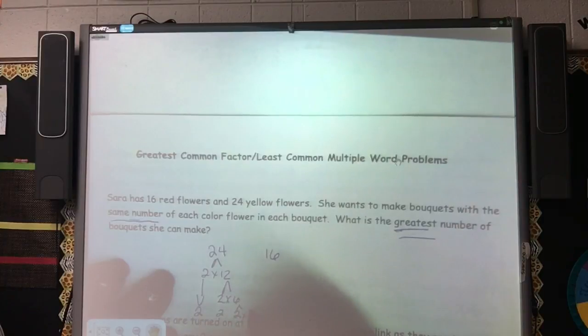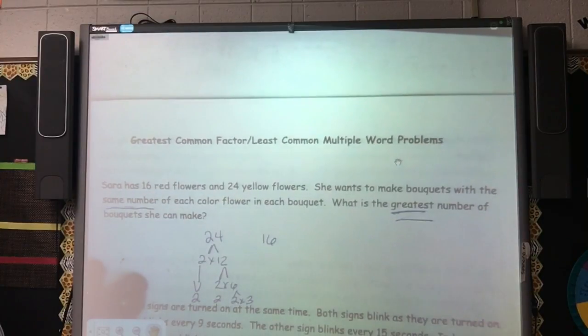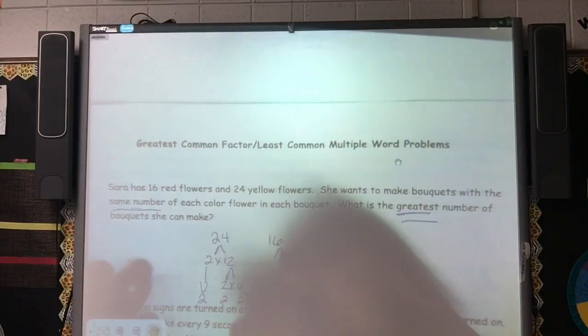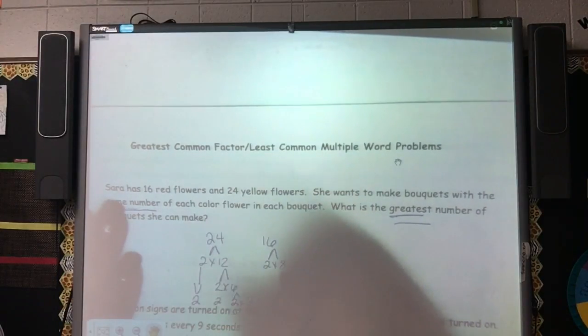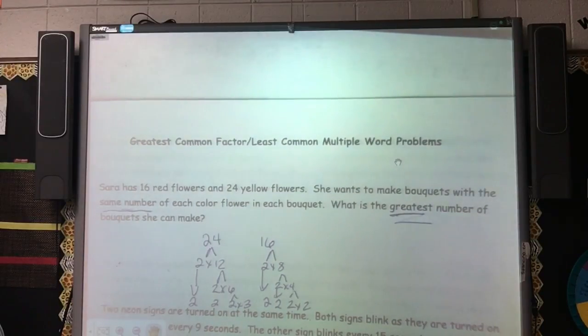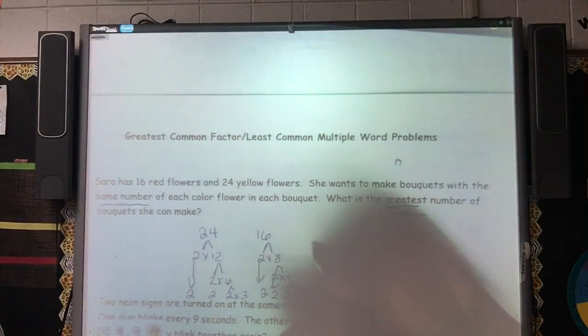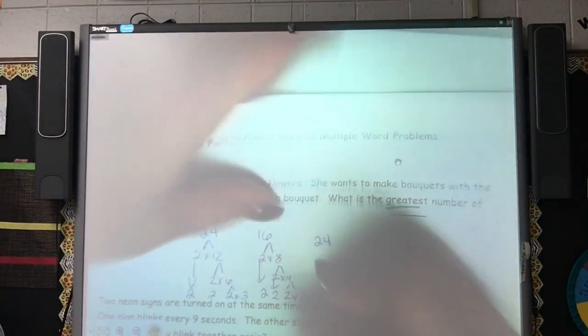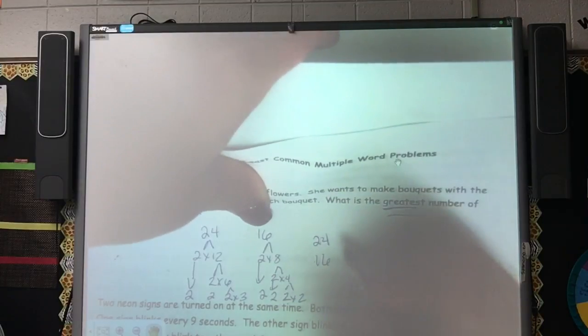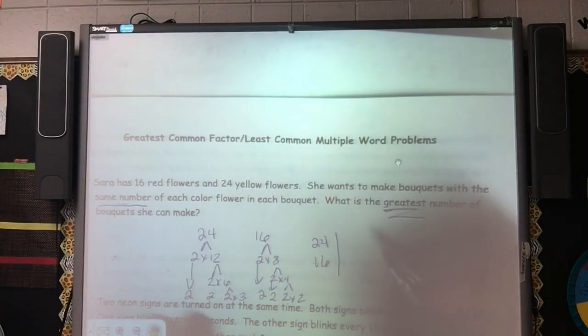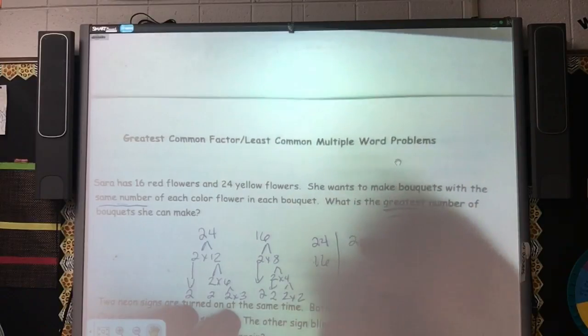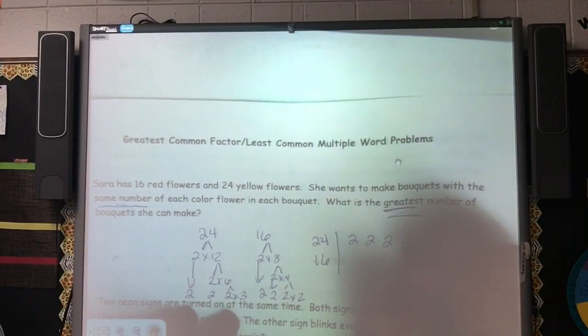Now we've got 24 and 16. 24 gets 2, 2, 2, and 3.